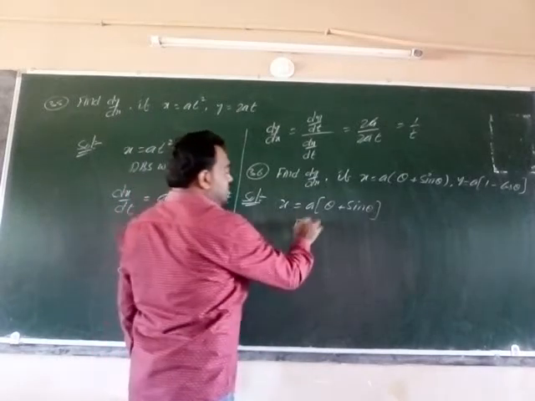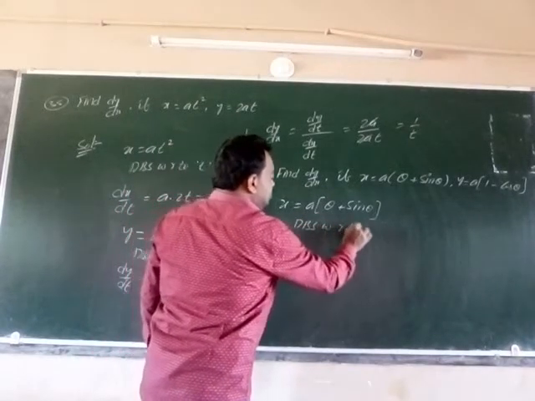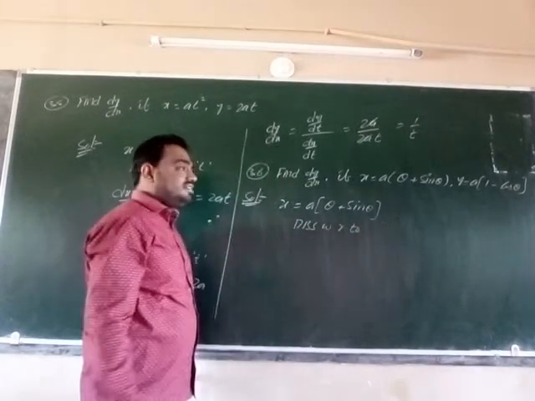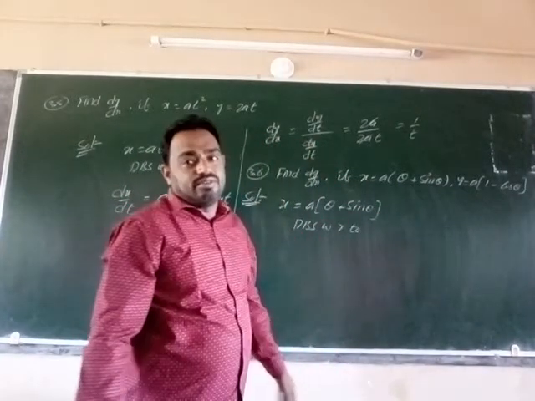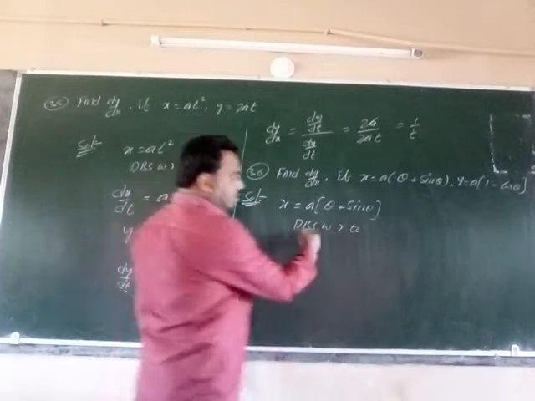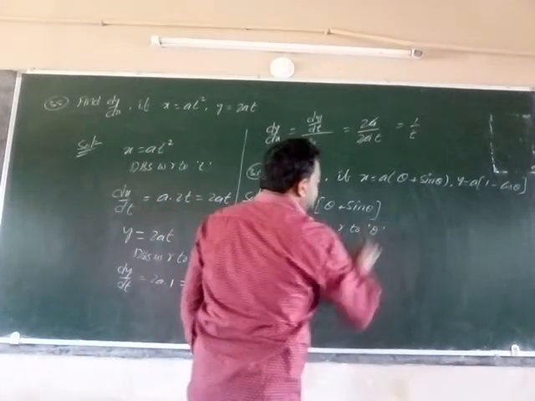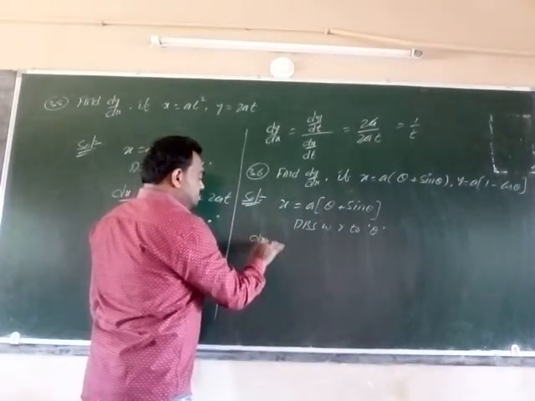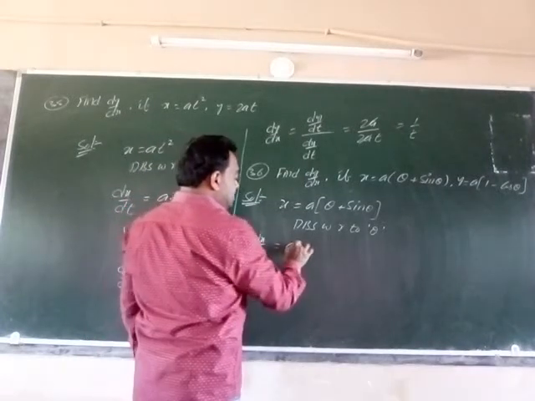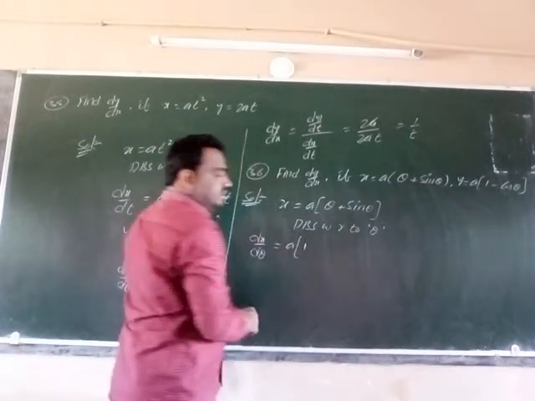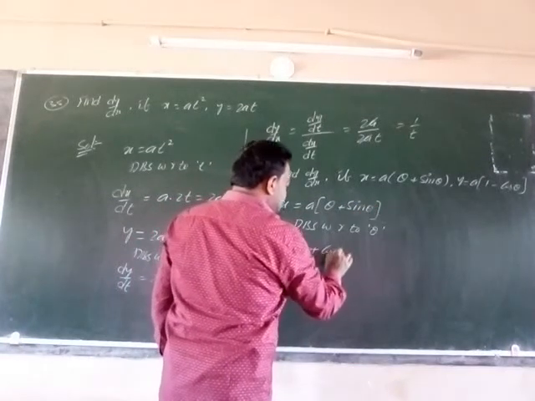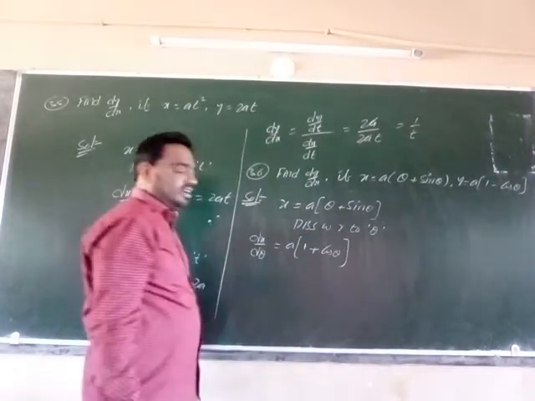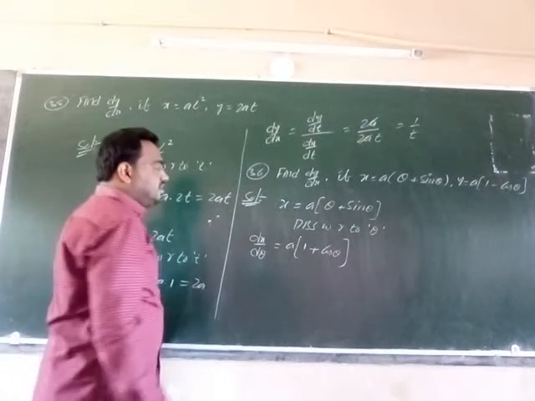Here both x and y are variables of theta, so we take the derivative with respect to theta. So dx by d theta equals a into 1 plus cos theta, the derivative of theta being 1 and of sin theta being cos theta. This is dx by dt.